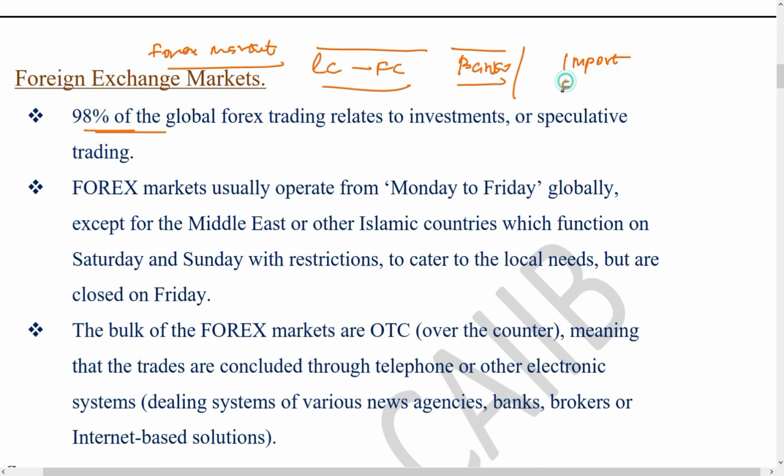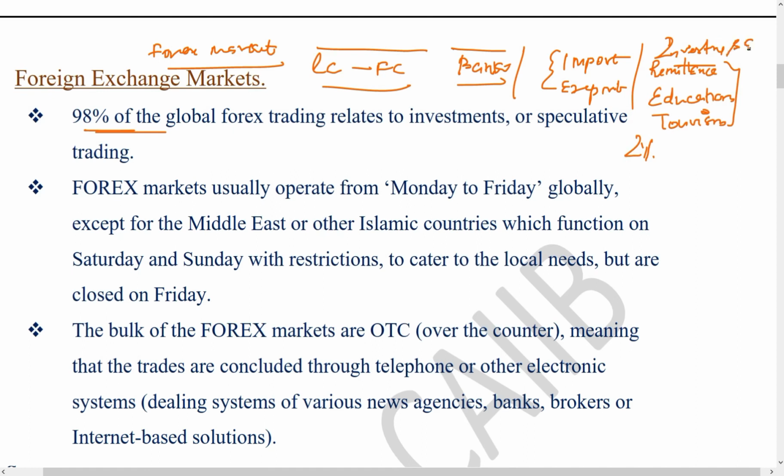Whenever you are doing import or export or remittance, for example you are working in Singapore and sending funds to your family here, or for education and tourism, these are the real transactions. These five things will be only 2% of the world forex trading. The remaining 98% is investment and speculative.